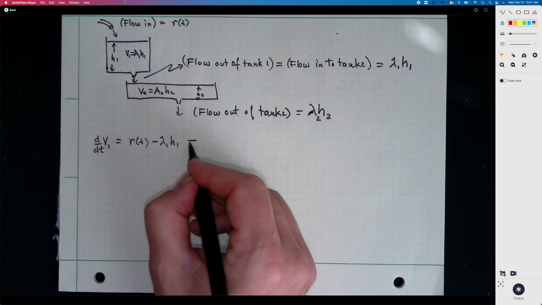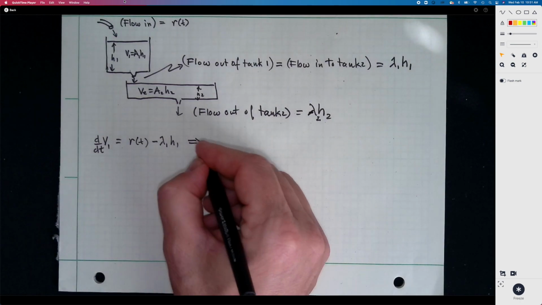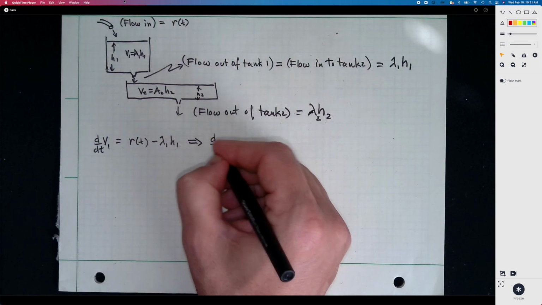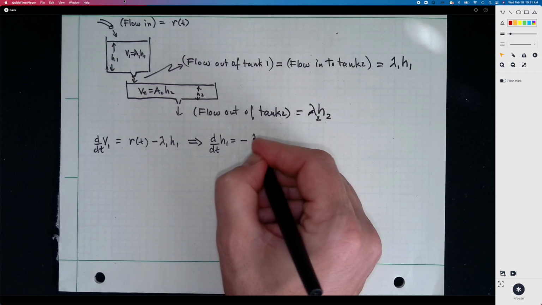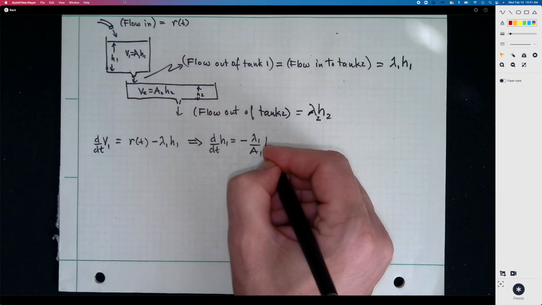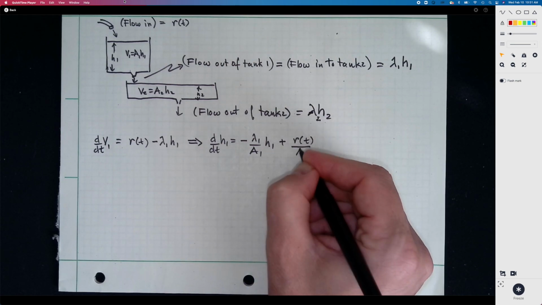Using the fact that V1 is A1 times H1, with A1 constant, we have d by dt of H1 is equal to minus lambda 1 over A1 H1 plus R of t divided by A1.